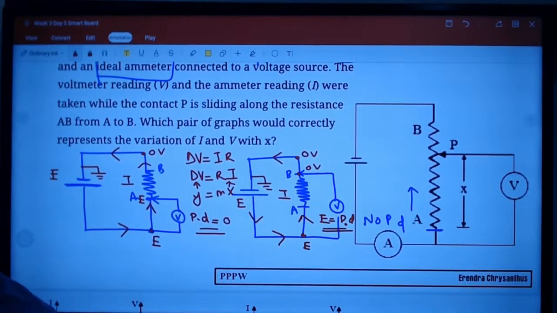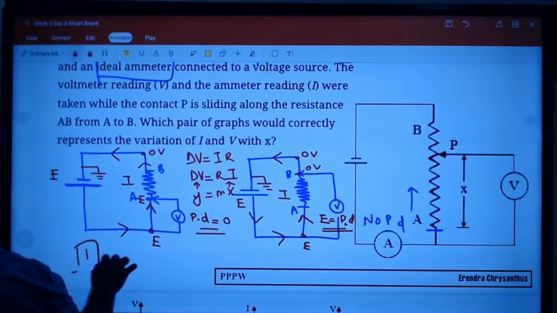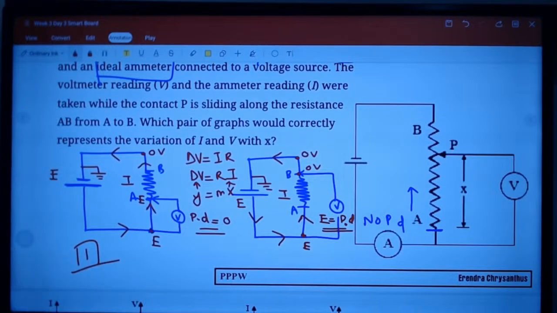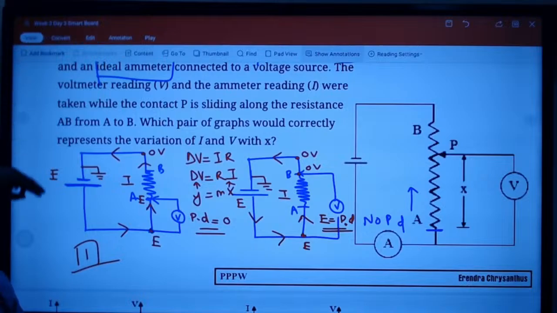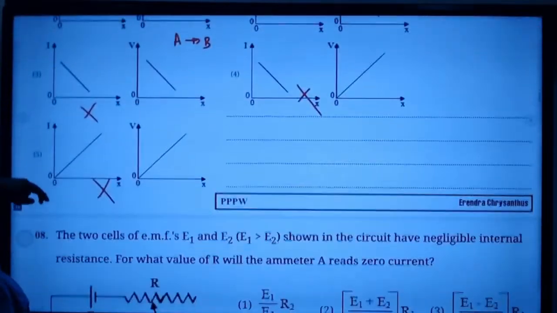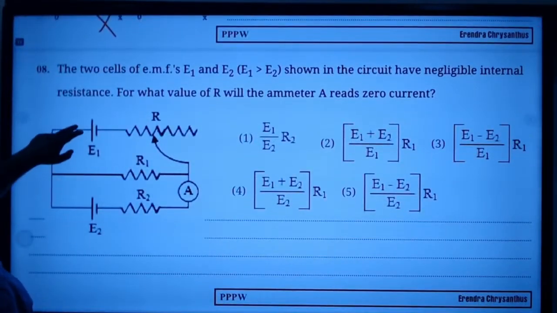Okay, no? So the easy, direct answer is answer number 1.